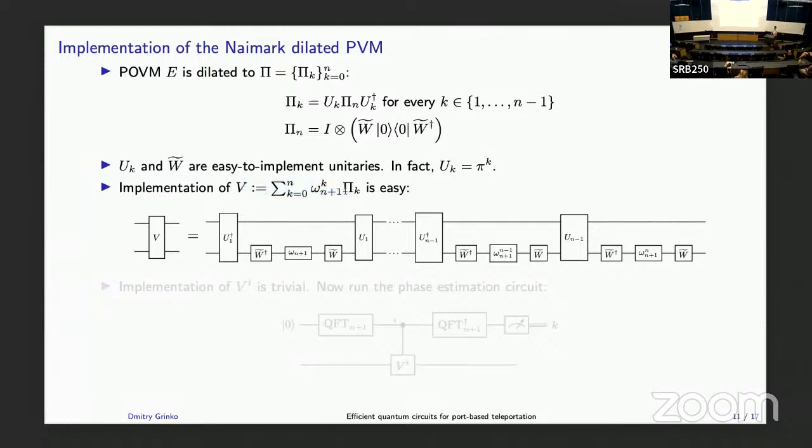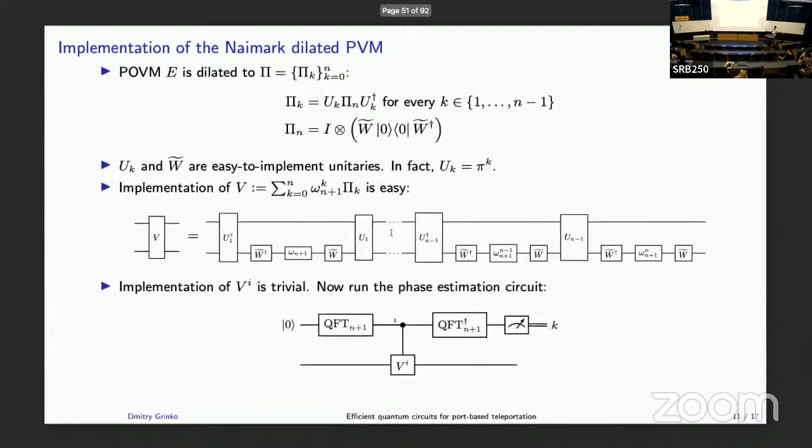You use those efficiently implementable unitaries U and W to go into the right subspace, apply the right phase, and go back. You do it for each one. Then the implementation of the power of V is trivial, because you just put this power in this phase over here. This phase estimation circuit then implements this projective measurement for you. This is basically the idea of how you do it.